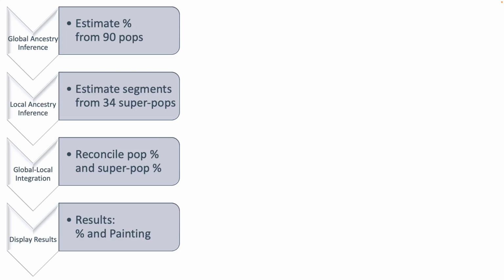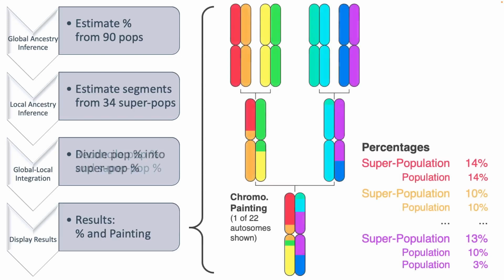And this uses 34 superpopulations. Finally, we integrate the two into a final estimate and display your results. Integrating the two methods is not only completely novel as a method, but we find it actually increases the overall accuracy, as you'll see in a second.